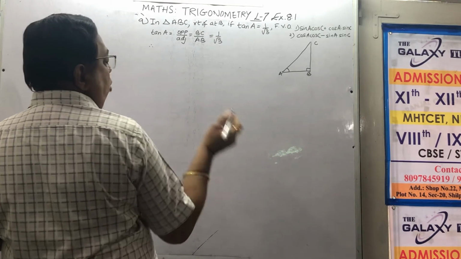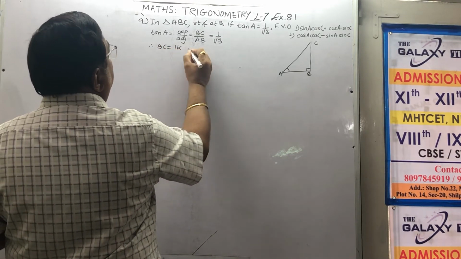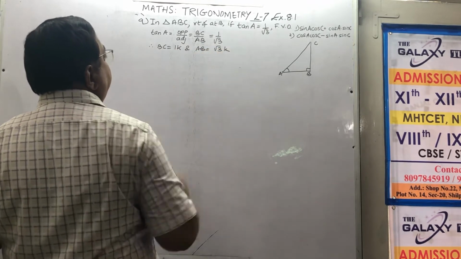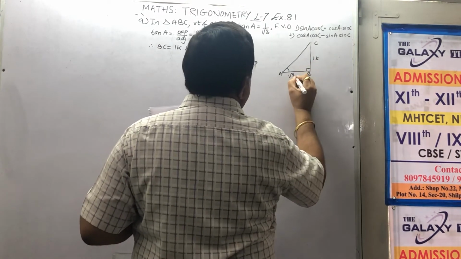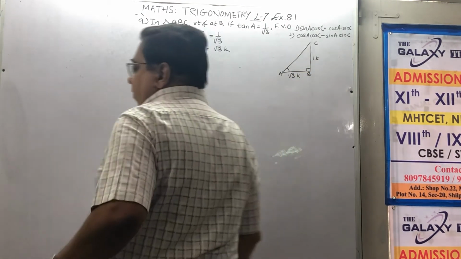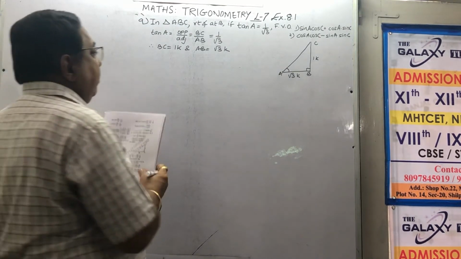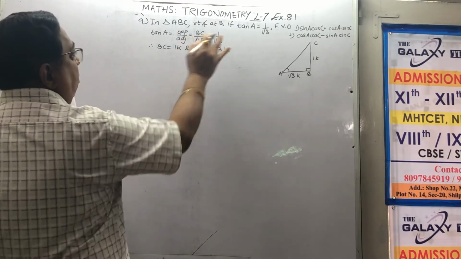Therefore, let them be some common multiples of K. BC is 1K and AB is root 3K. I am supposed to find the third side again by using Pythagoras theorem. I have written 1K so that you know where I got that 1 from.